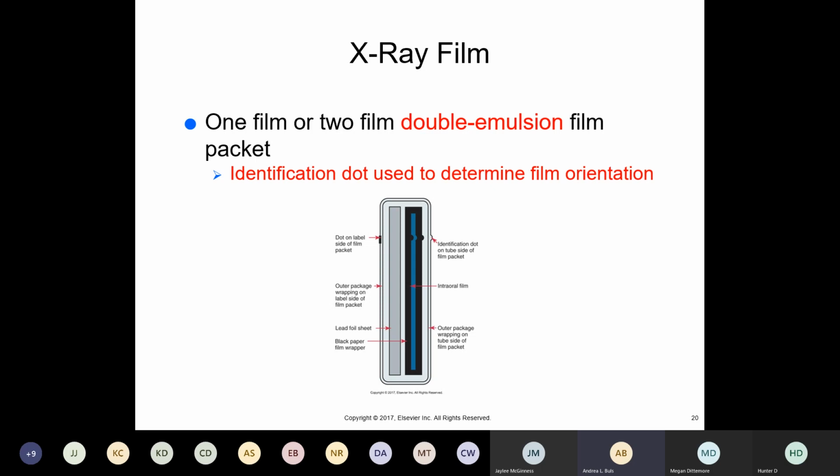The purpose of the identification dot is so that we mount our x-rays correctly. Because if you flip them the other way, now you're looking at the mouth in a completely different orientation. So that is the whole purpose of the identification dot on film, was so that we made sure that everybody was mounting their films correctly.